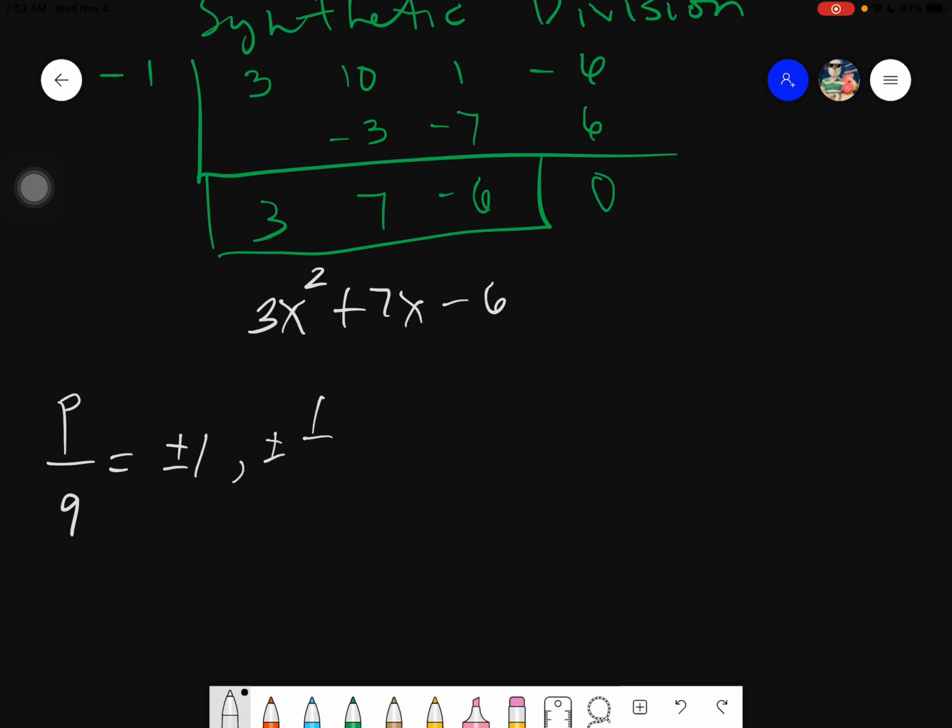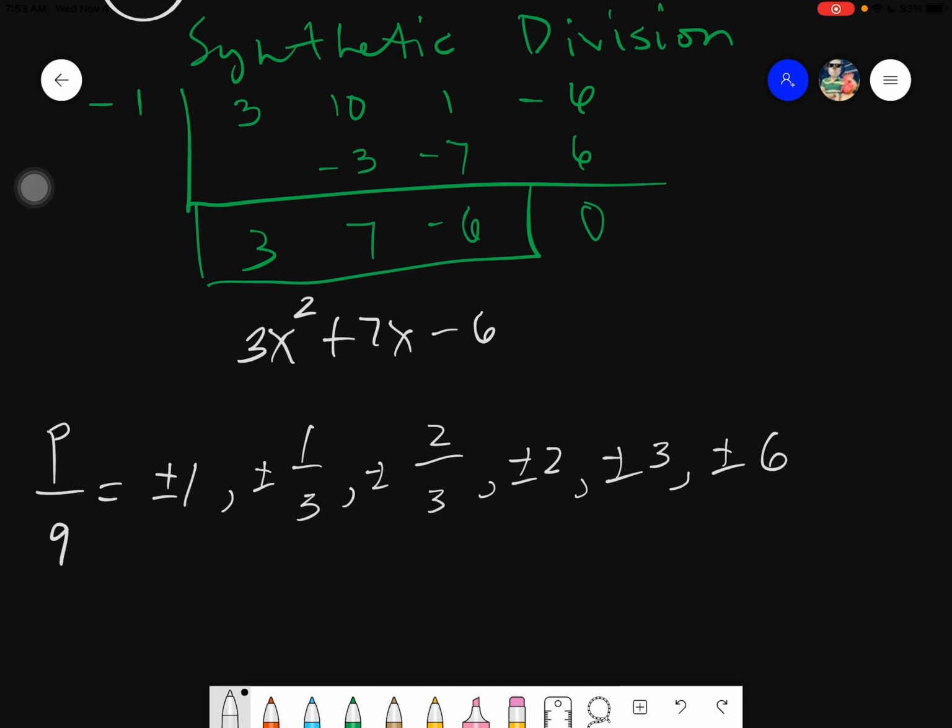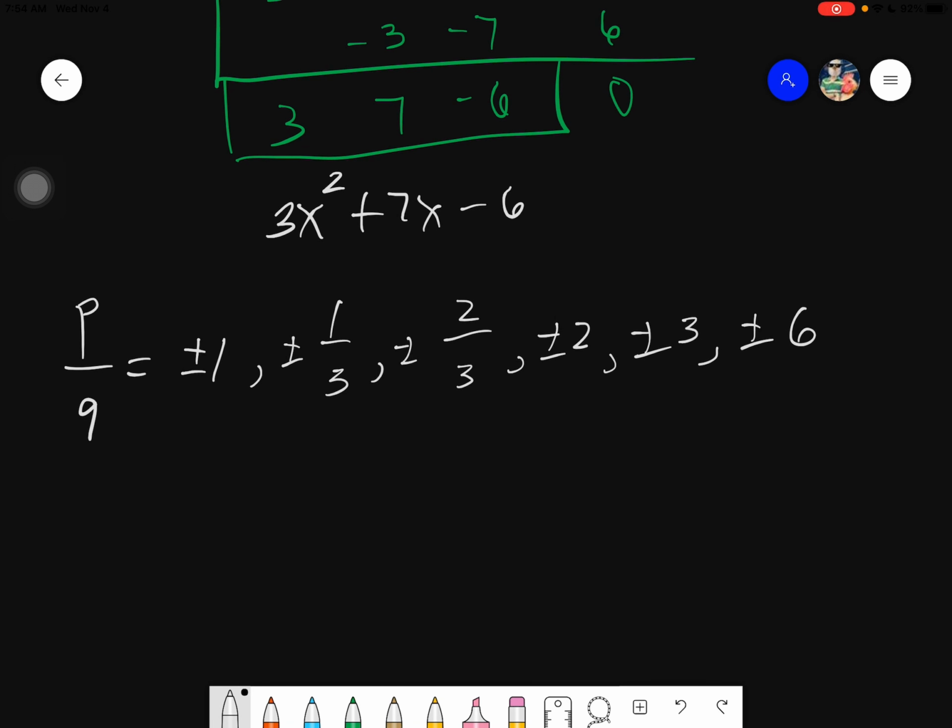We have 1, we have 1/3, we have 2/3, we have 2, we have 3, and then we have 6 again. Okay, then let's try which one of these possible zeros will give you a remainder of 0.